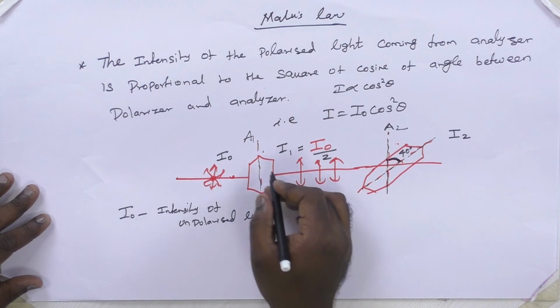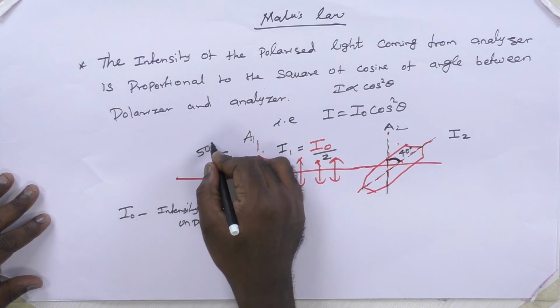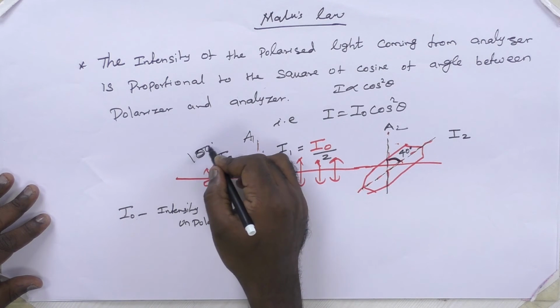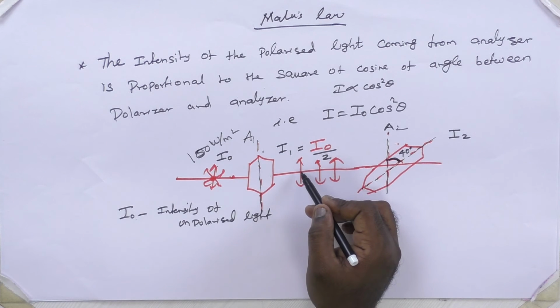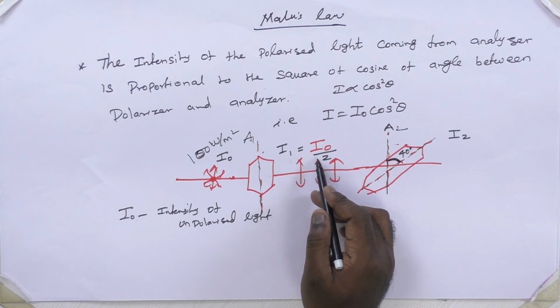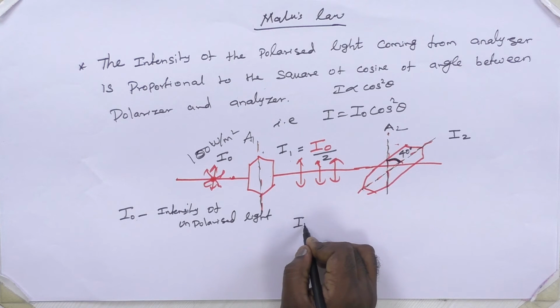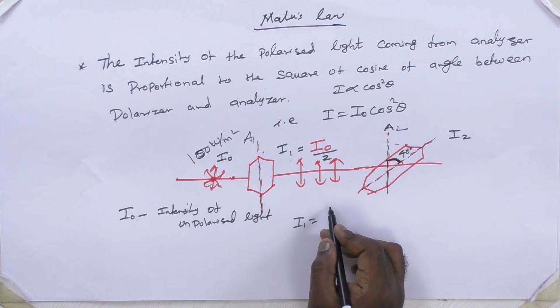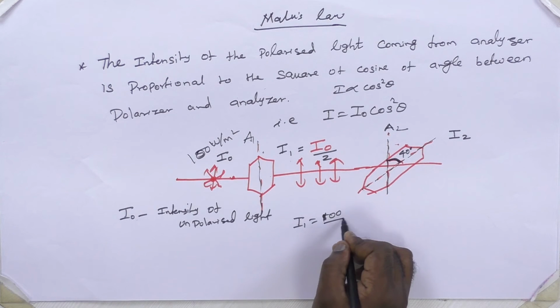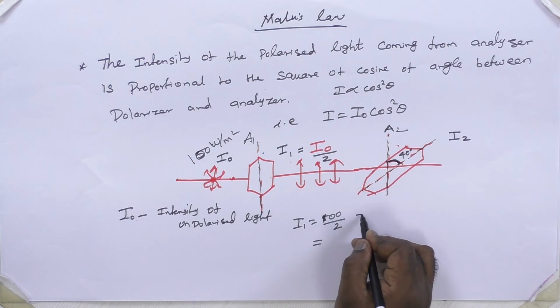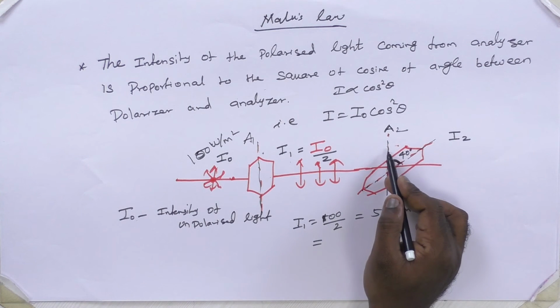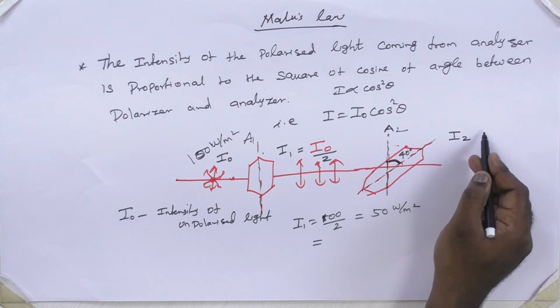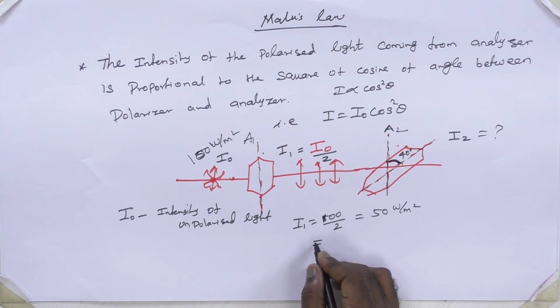Suppose 100 watts per meter square intensity is incident on this polarizer. The intensity I1 after coming from this polarizer is 100 by 2, that is 50 watt per meter square. What is the intensity I2 here?